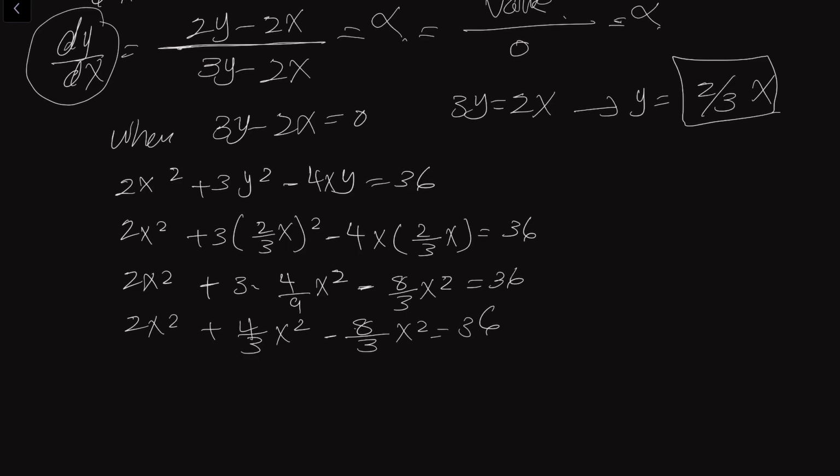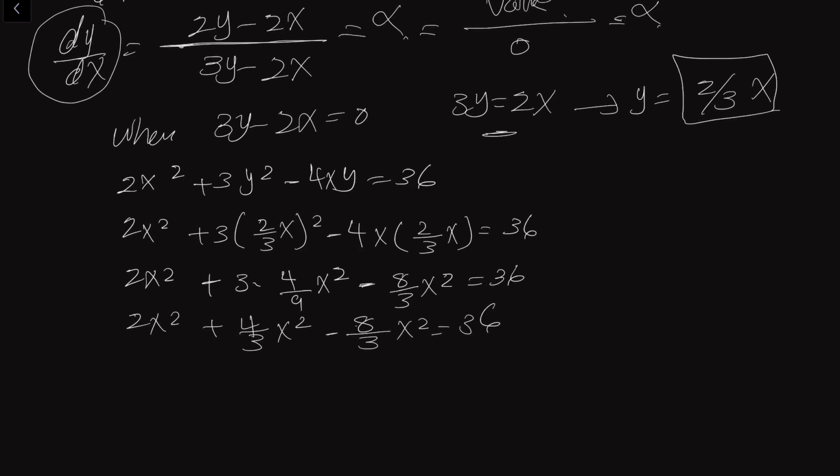All right. Let's review here. So 3y minus 2x. Okay. So now let's simplify this a little bit. So it will be x squared times 2 plus 4 over 3 minus 8 over 3 equals 36.